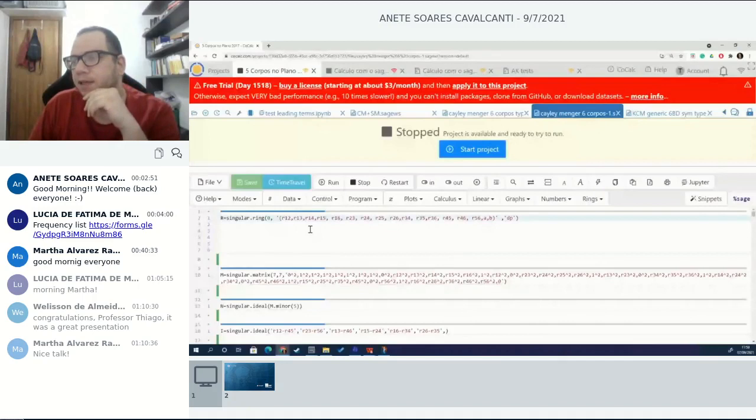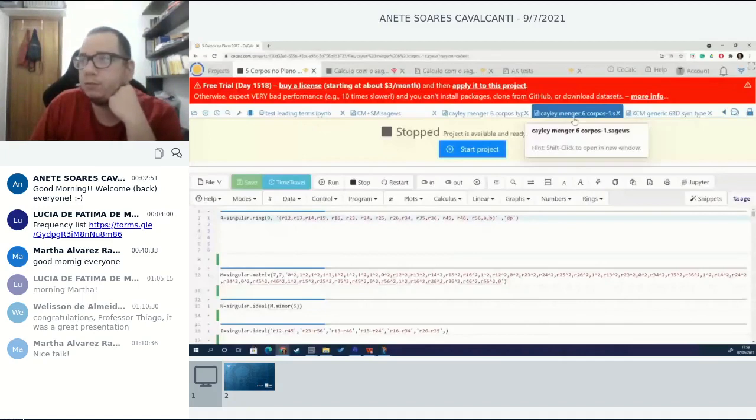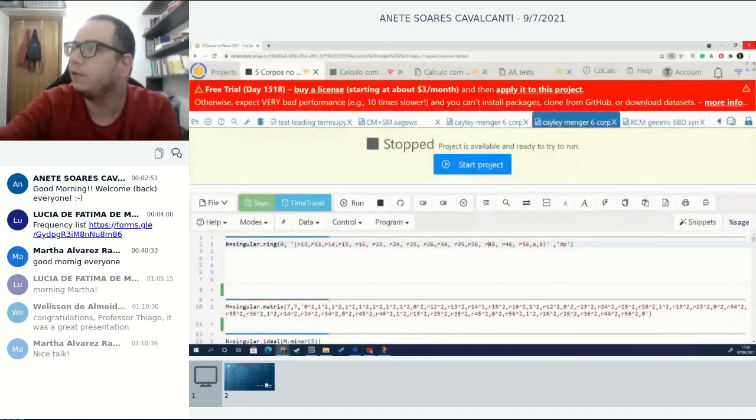Suppose that we have a configuration with six bodies and dimension 2.